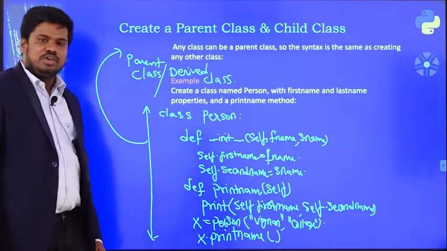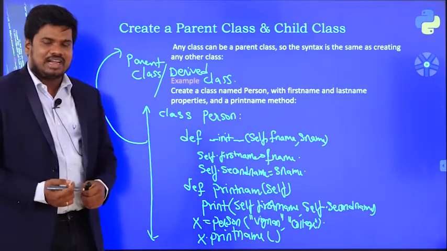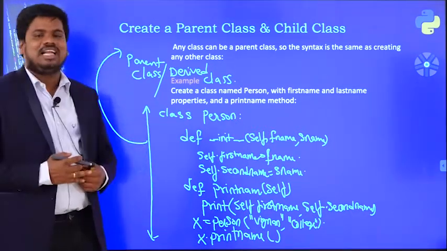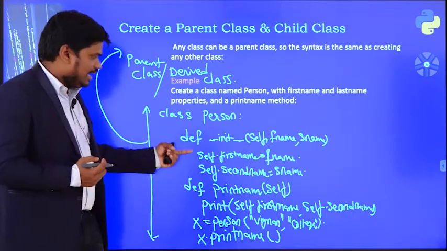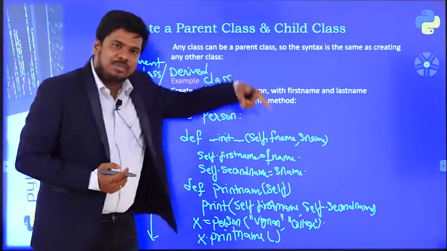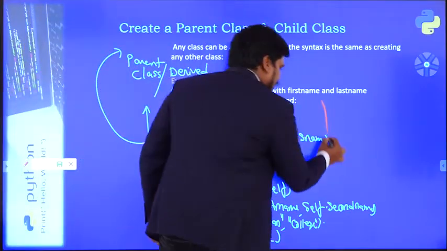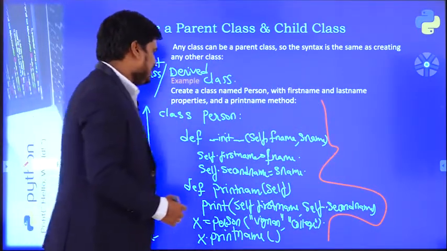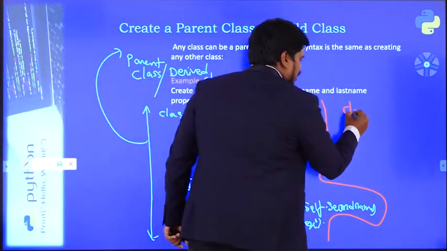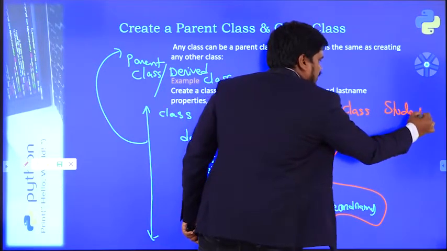So next I'll create a child class, and from the child class I'll try to call the properties of the parent class as well as the properties of the child class here. Observe carefully. Here I will create a child class. How to create a child class? Class student.